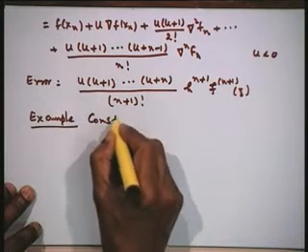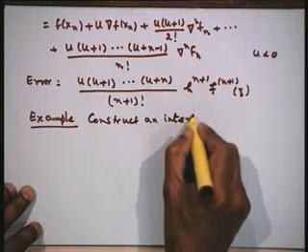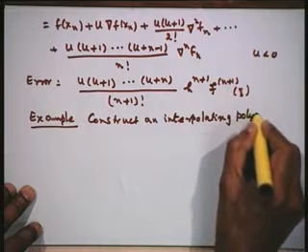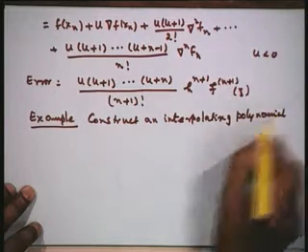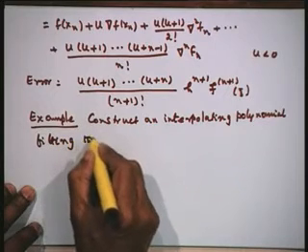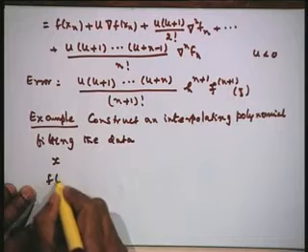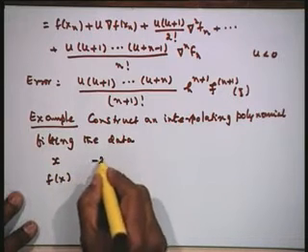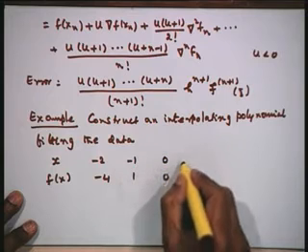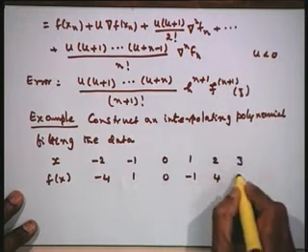Construct an interpolating polynomial fitting the data x, f x: minus 2, minus 4; minus 1, 1; 0, 0; 1, minus 1; 2, 4; 3, 21.